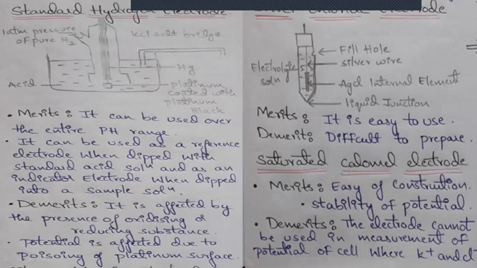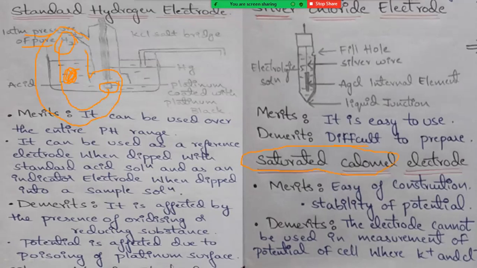Why? Because the potential values depend upon many factors: hydrogen gas, pressure, purity, oxidizable and reducible substances, and the platinum surface. These all influence the potential values. But these factors do not influence the potential values in the saturated calomel electrode, which depend only upon temperature and concentration.